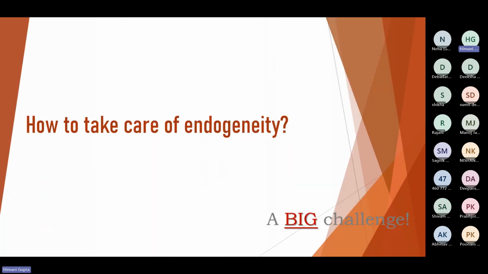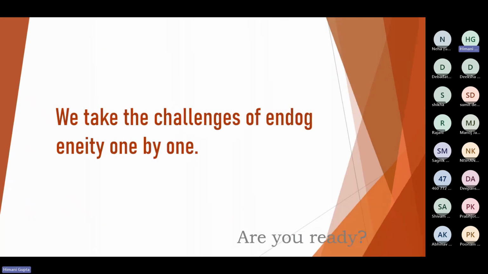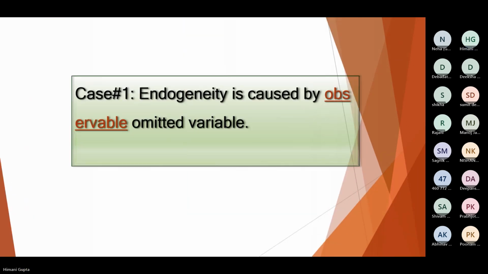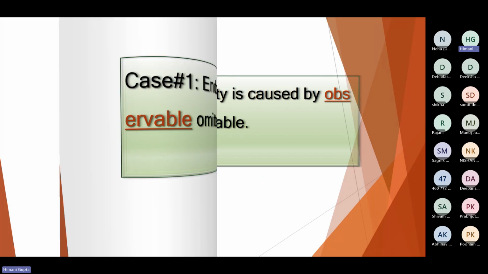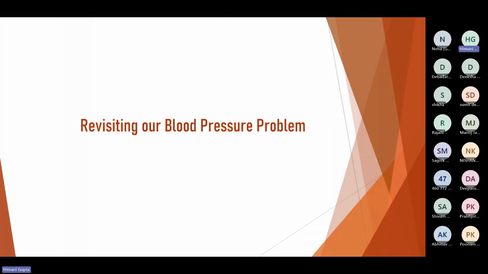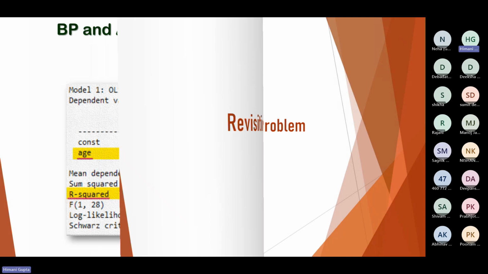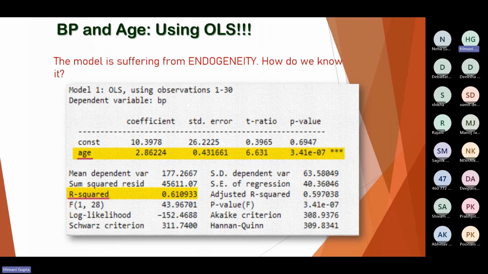Okay. So let's move towards how we are going to take care of endogeneity. Endogeneity is caused by an observable omitted variable. We have already taken care of that in the case of weight and age. Again, in the blood pressure problem, this was my age. When I took the age, this model was suffering from endogeneity.